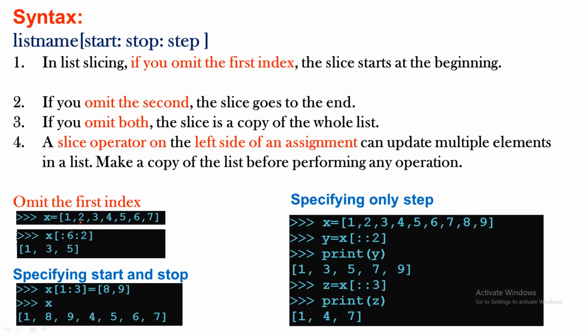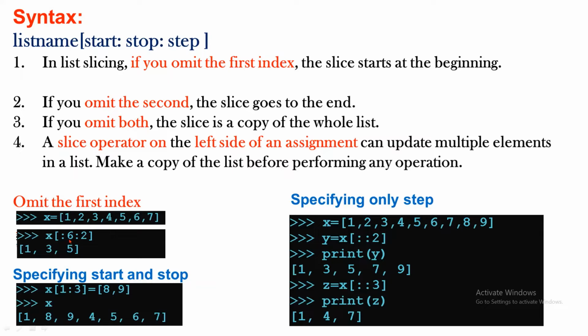So here I have a list called X, which contains elements 1 to 7. And then I have omitted the first index here, and the stop index is 6, which means it will go till the element with the index 5. And the jump is 2. So start index is omitted here, which means it will start from the first element by default, and stop index is 6.